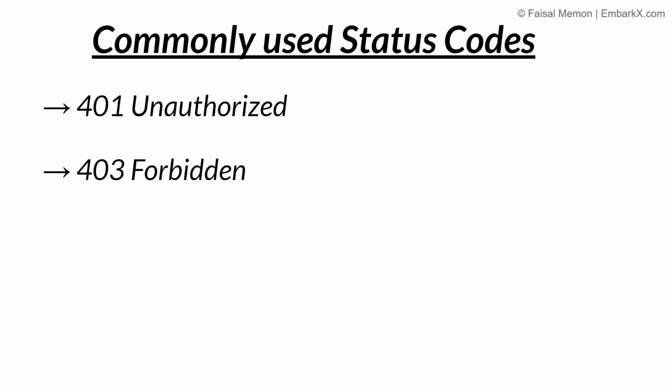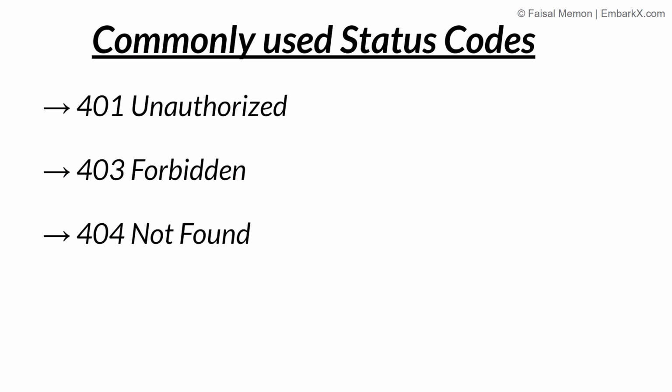This indicates that the server received the request and understood it, but refused to authorize it. So it is something forbidden that you cannot access. Then you have 404 not found. This means you're trying to access something that does not exist, and that is when you get 404.